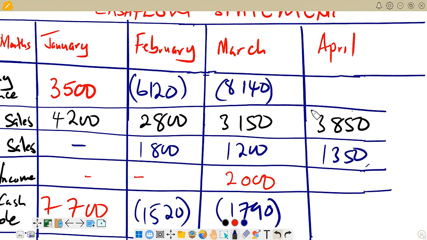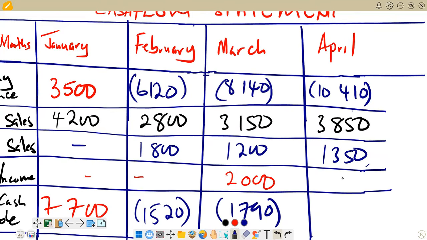So we come here, we see that we have got a negative 10,410 here, such a big negative figure. Then for total receipts now, we say negative 10,410 plus 3,850 plus 1,350. If you add that one, obviously the negative is going to go down and reduce a little bit.